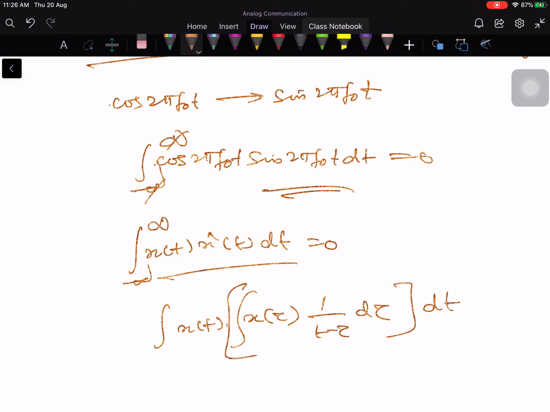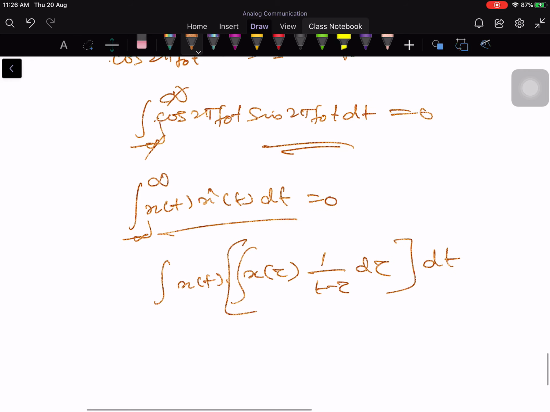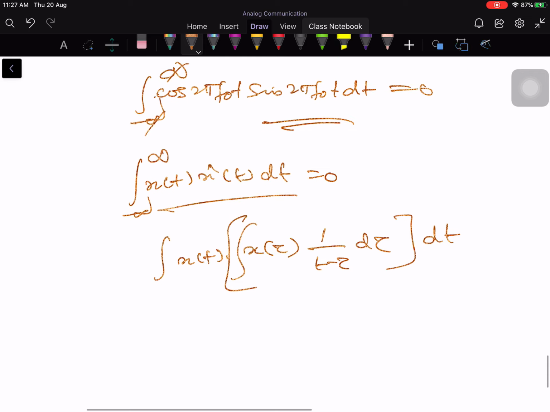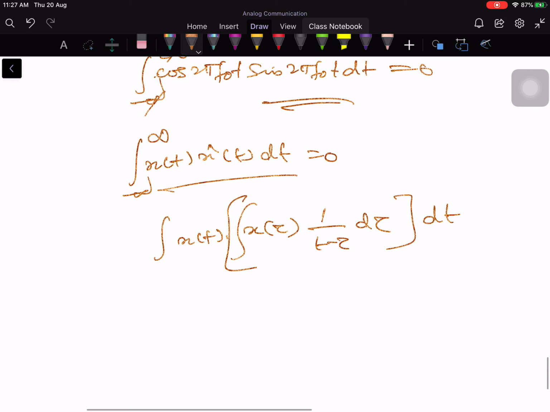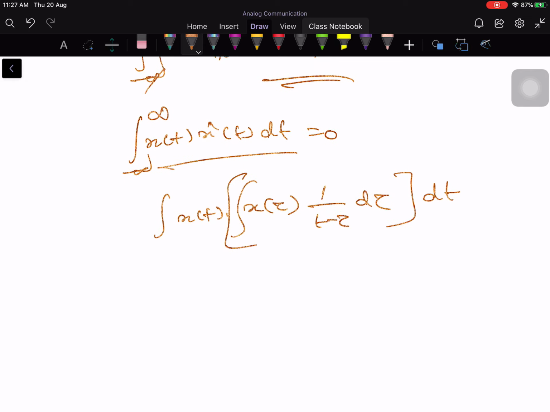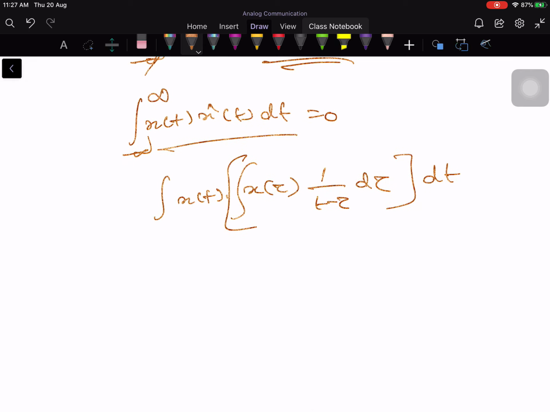A slight generalization of Parseval's theorem can also be used. There is a generalized Parseval's theorem which talks about two functions, the integral of the product of two functions. Let us say you have two functions, x of f and x star of f times df.